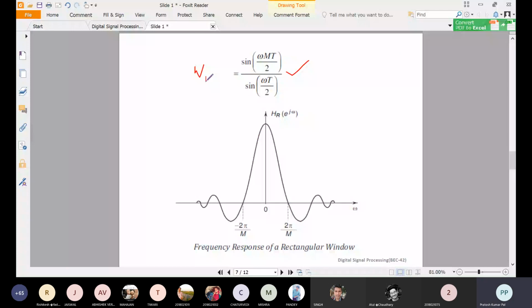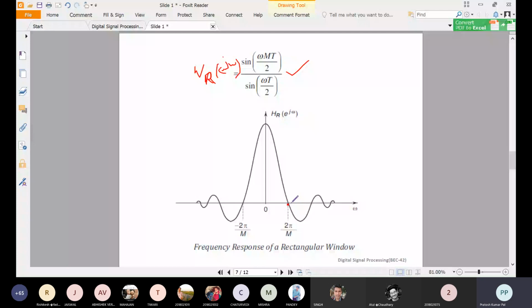Okay, so this is your frequency response of the window function. Once we plot its frequency response, it has the main lobe. The main lobe has the maximum value when omega equals 0. Once we change the omega value from 0 to some higher value, at omega equals 2 pi by M, it will again have a 0 value.